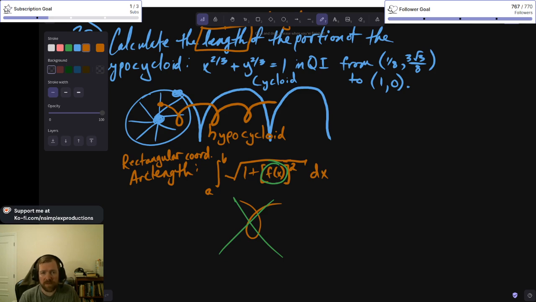So in this particular case, we are able to use a functional version of this. So y is going to be equal to (1 minus x to the 2/3) raised to the 3/2. And yes, it will have a plus or minus or absolute value around the y, but we only care about the first quadrant.